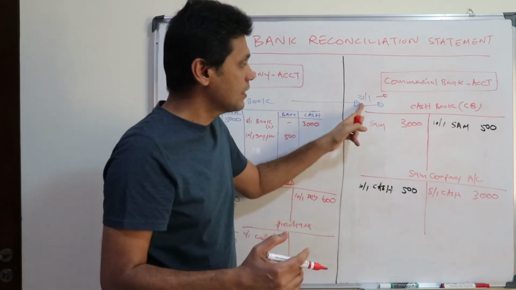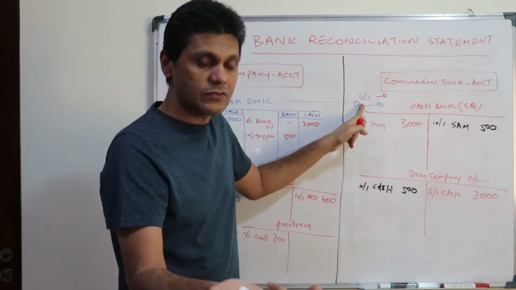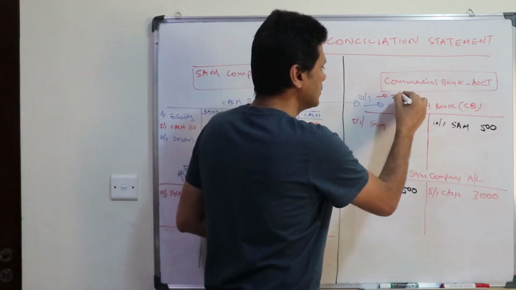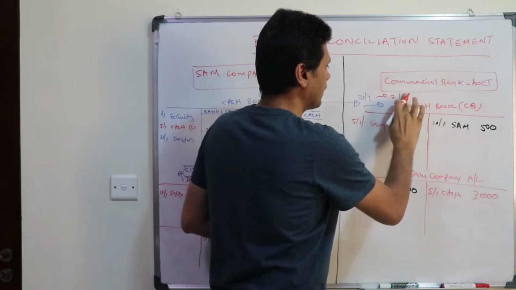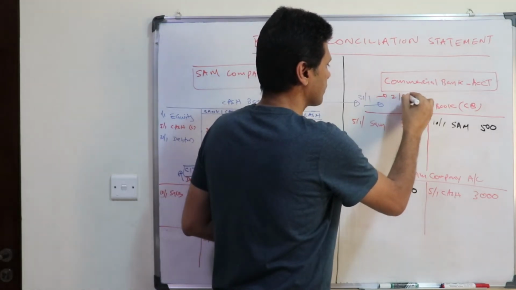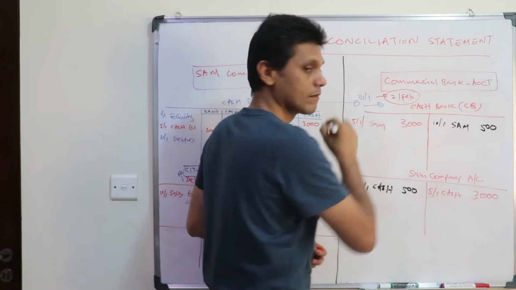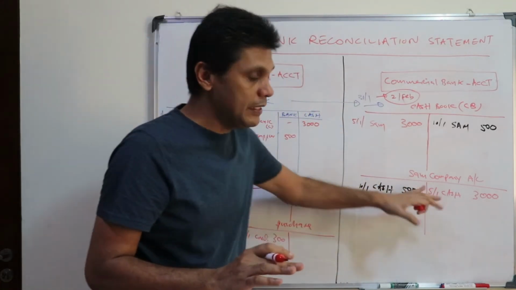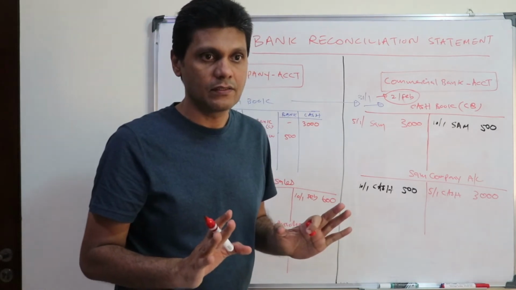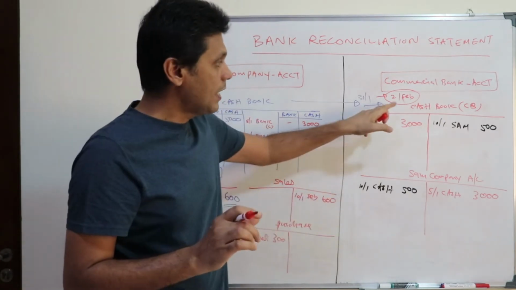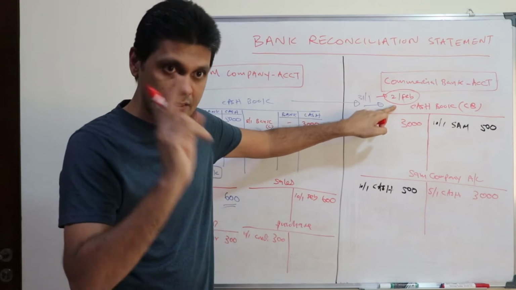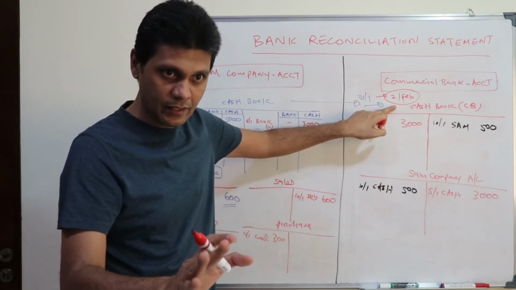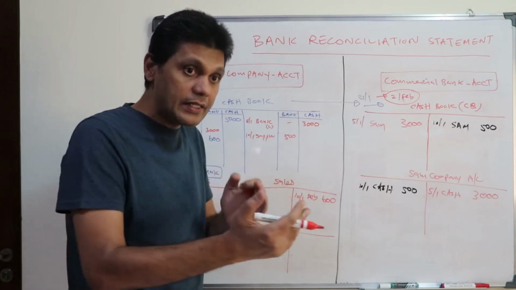So 31st January, 1st February, 2nd February. Let's assume on 2nd February he will get the clearance. Is that clear? So he will not immediately record this transaction. He has to wait until 2nd February, because it takes time.